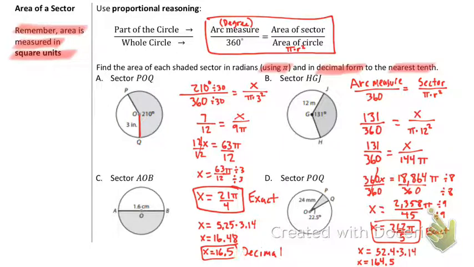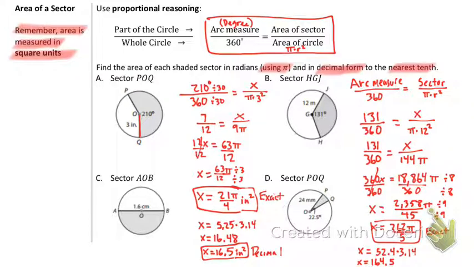So let me fix this real quick. So when we do this, it really would be in inches squared. Okay, so this would be the correct exact answer. You've got to put your unit in there squared because it's an area, and this would also be inches squared, so in to the 2nd power, and this is the decimal form.